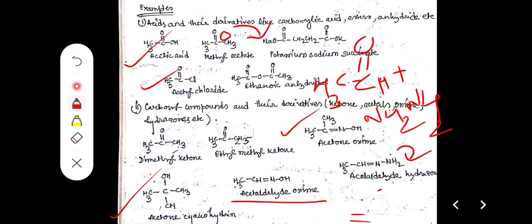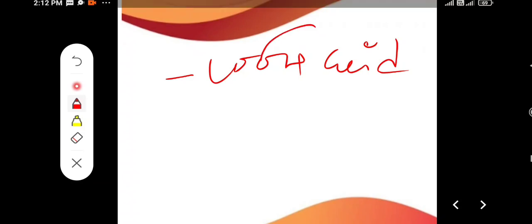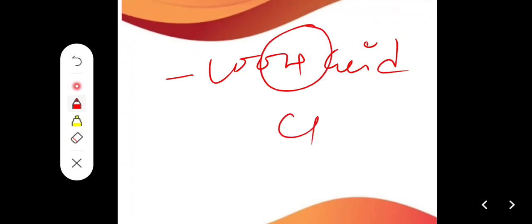So first we consider if the compound has the COOH group, that is termed an acid. If this OH is replaced by chlorine, we term it acid chloride. If this OH group is replaced by fluorine, we say acid fluoride.